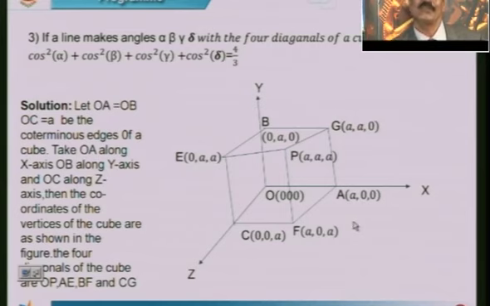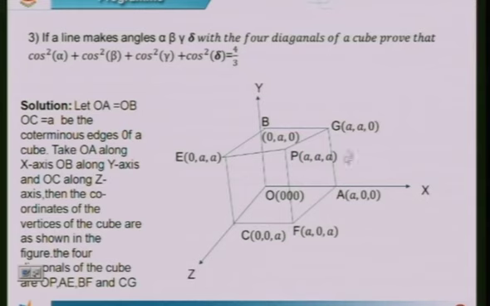For CG, the point is a minus 0, a minus 0 and 0 minus a, and the last one is going to be negative. For BF, it is a minus 0, 0 minus a and a minus 0, so the middle one is negative. Like that you first get the direction ratios and then the direction cosines.